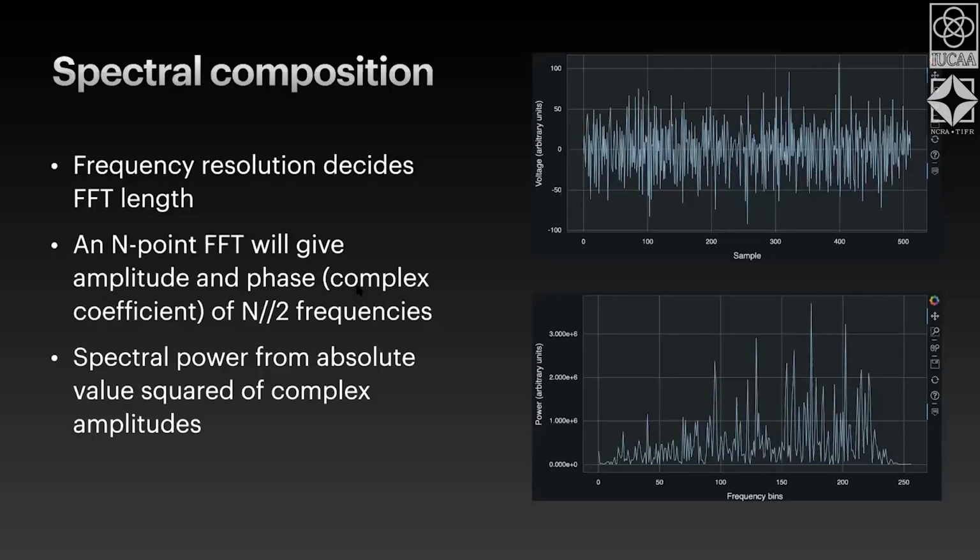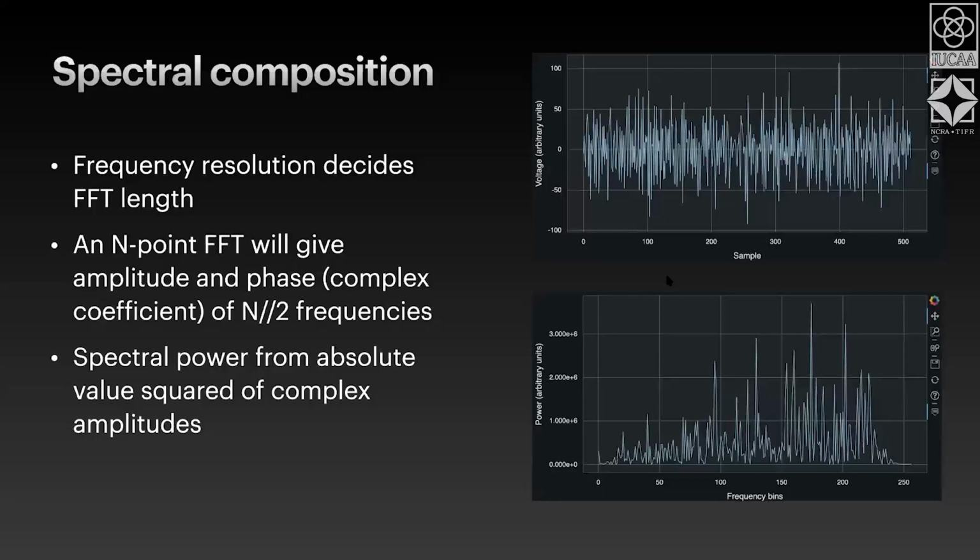And as described earlier, Fourier transform, in this case a discrete Fourier transform, will give you the n/2 frequencies that contribute towards this time variation. And it will give you the amplitude. Initially, when you take the FFT, it will give you the complex amplitude of what frequencies contribute how much.